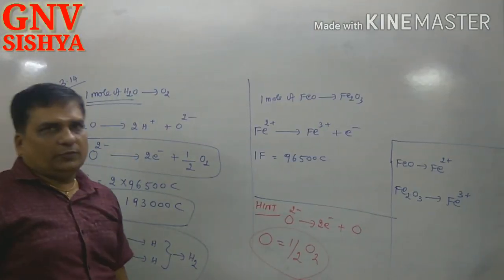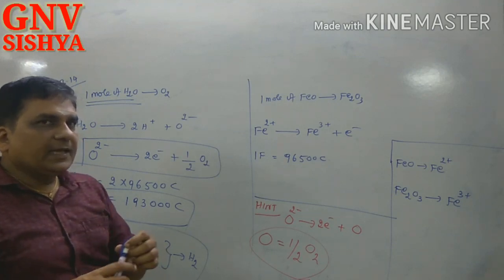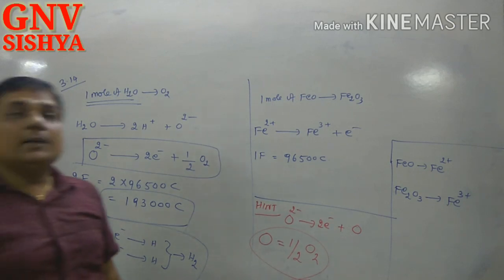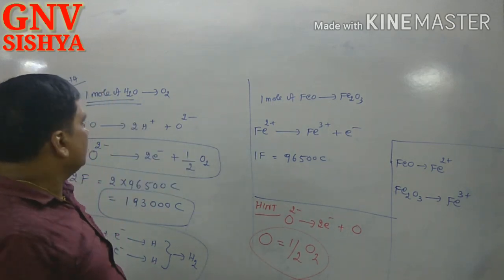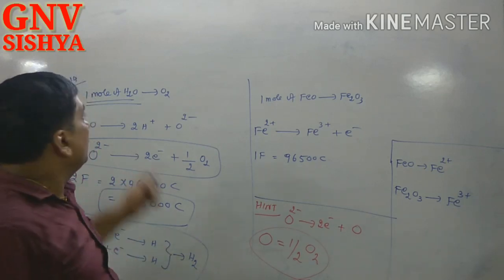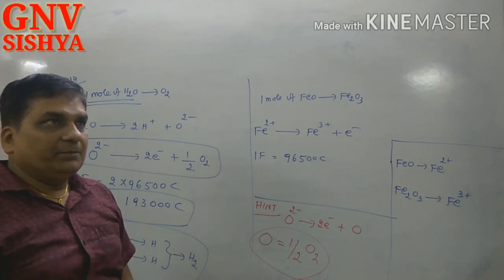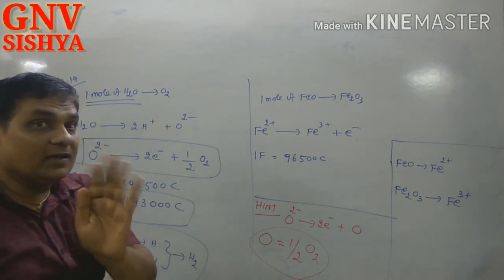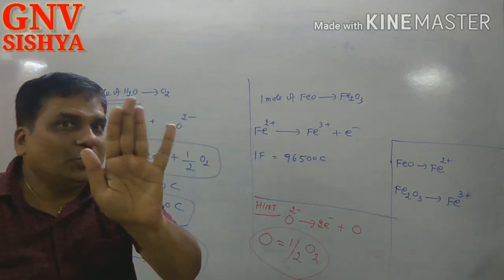Next, problem number 3.14. The question is, let us see the question. Calculate the amount of electricity required in coulombs for the oxidation of, very important one, 1 mole of water to oxygen. 1 mole of water to oxygen. Remember, they didn't ask like this, 1 mole of water to 1 mole of oxygen.